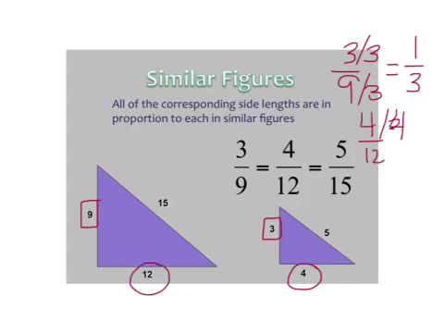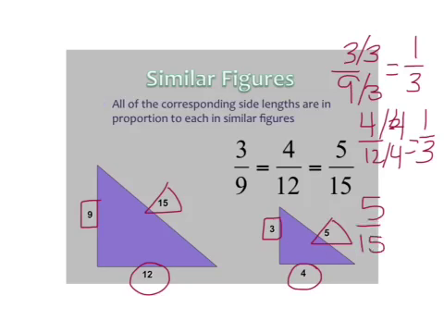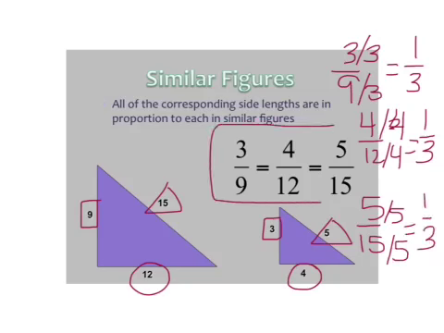Divide by 4, divide by 4, 1/3. And again, 5 and 15 are corresponding side lengths. 5 over 15, divide by 5, divide by 5, 1/3. If you notice, they're all proportional to each other. They all can be reduced and get 1/3, meaning they're equivalent, they're the same, and that's how we get our scale factor.